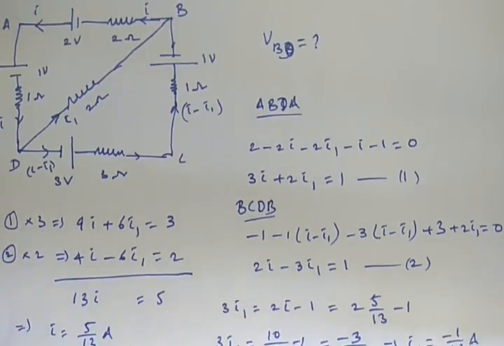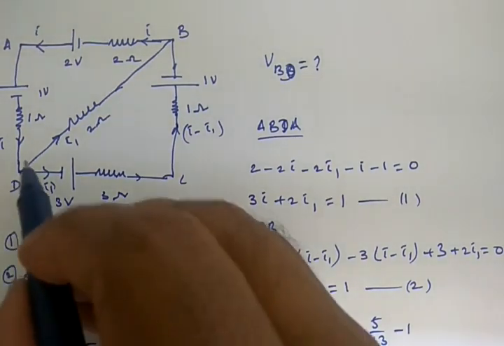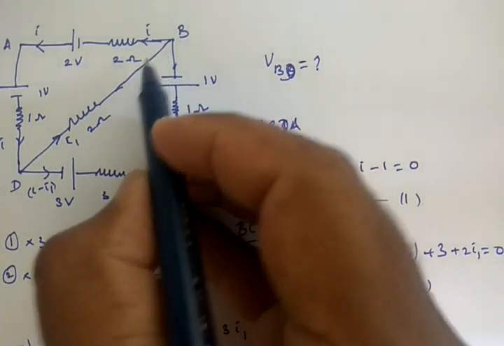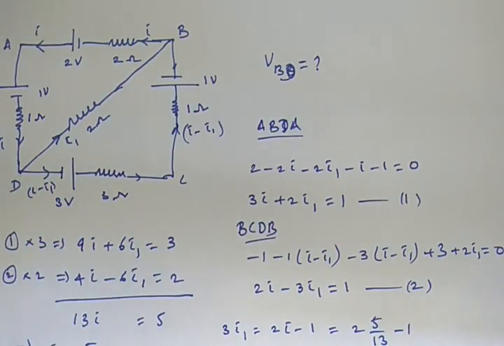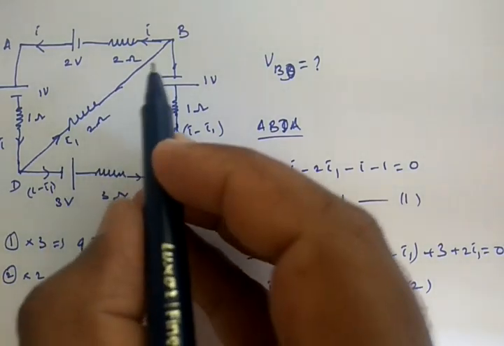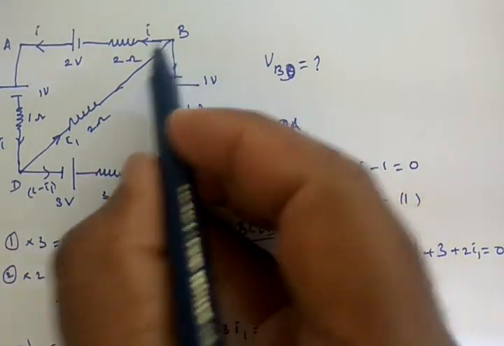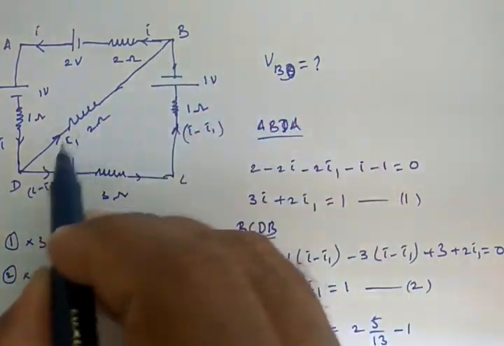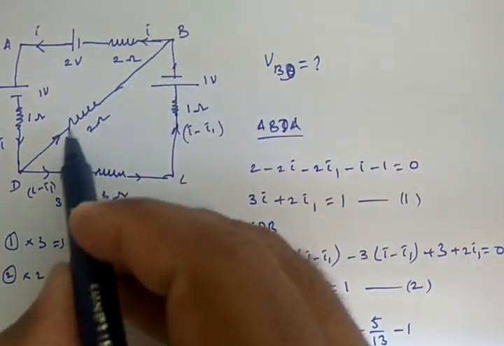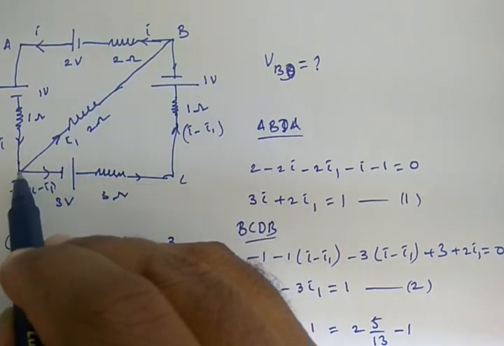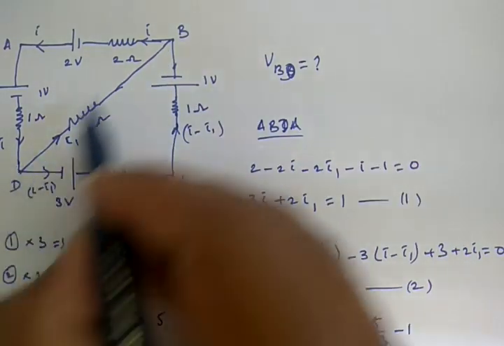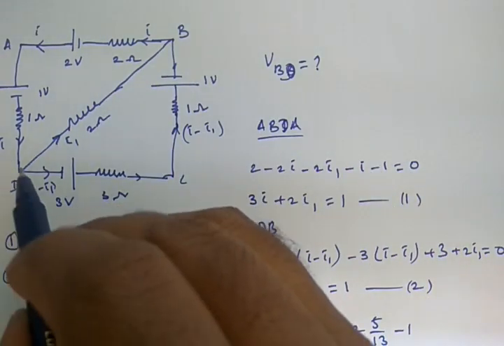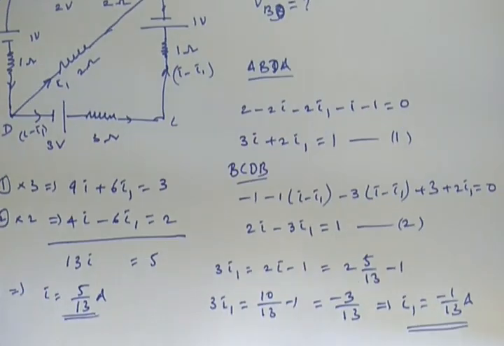While solving this question, I have taken I1 going in this direction, but my answer is coming as negative. It means that current will be going in the opposite direction. Now to get the voltage across B and D, voltage across B and D is minus 2I1. I have to take it here because here I1 is going in this direction. It means that potential here is greater than here. So VB minus VD will be a negative number, that is minus 2I1.